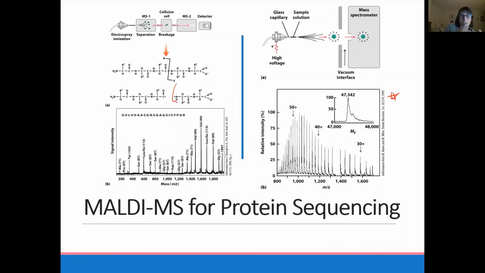This image here shows what the mass of a whole protein looks like. Protein sequencing using mass spectrometry is within my field of research, using mass spectrometry to understand biochemistry.